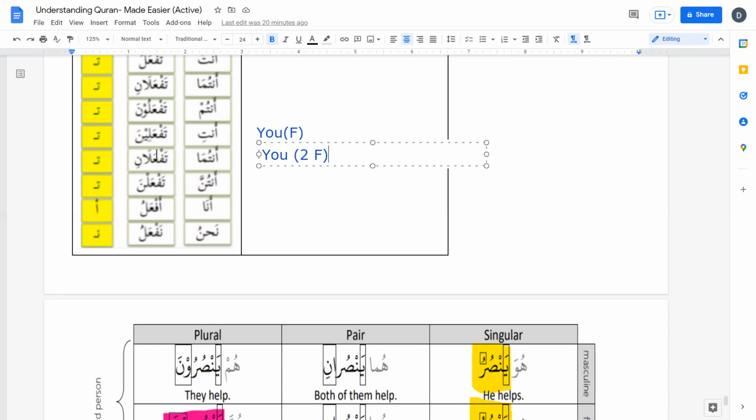Antuma, masculine or feminine, again taf'alani. So yaf'alani, taf'alani, taf'alani, taf'alani. So taf'alani comes three times: one for feminine huma, and two times for antuma, masculine and feminine.